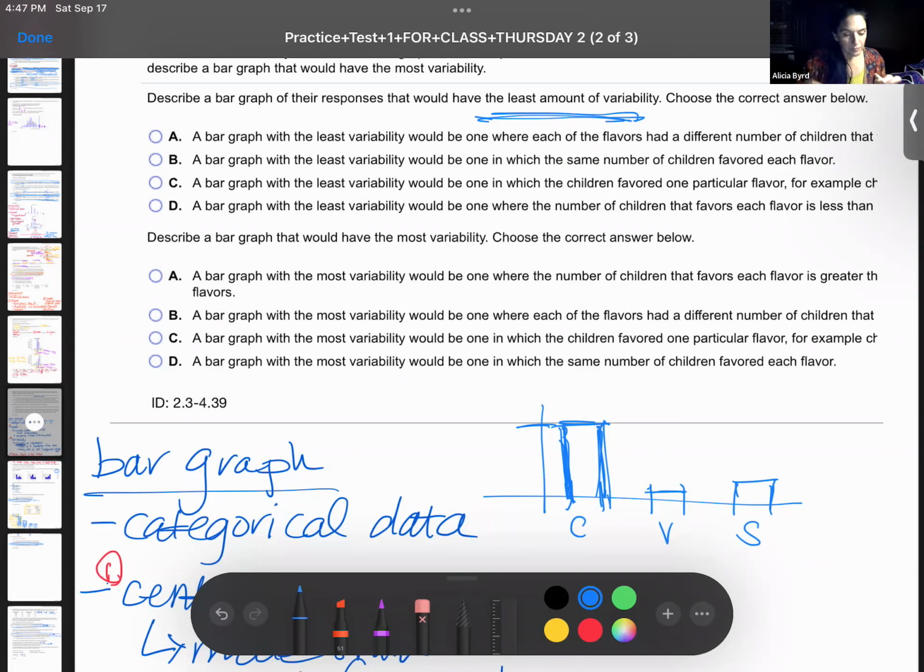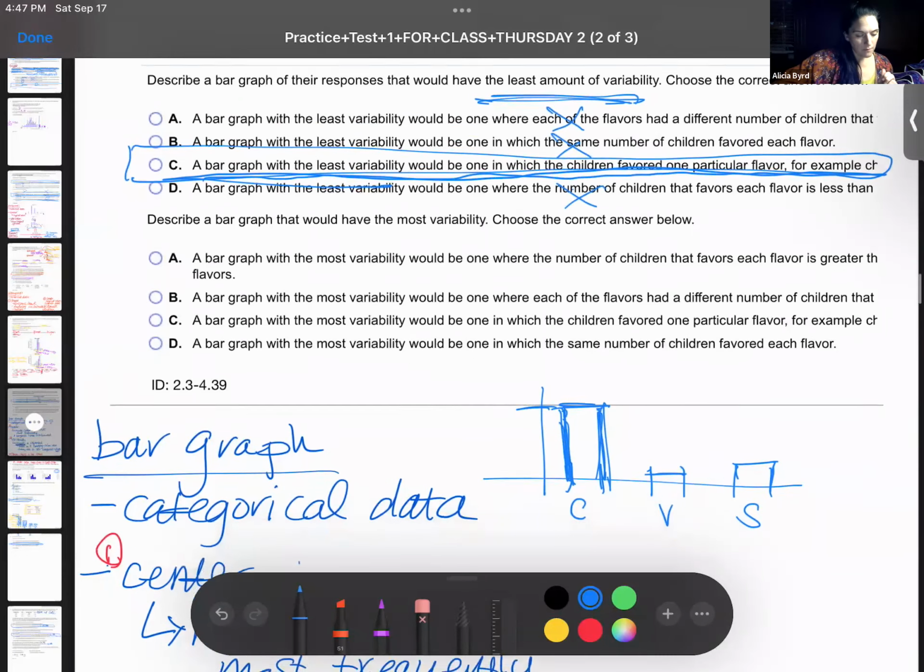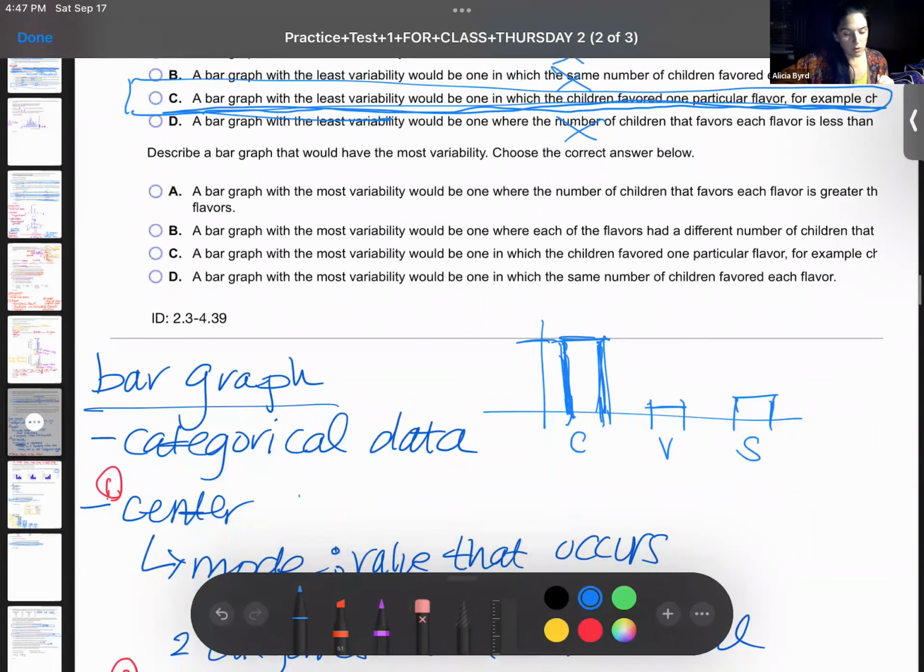That would be a bar graph where they favored one particular flavor, for example chocolate. So we're going to pick C for that. That looks good. Excellent.